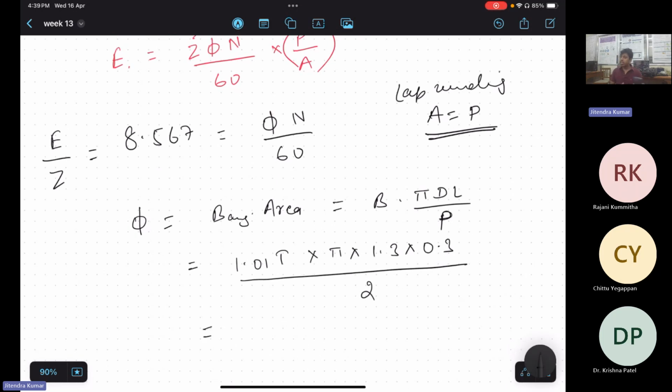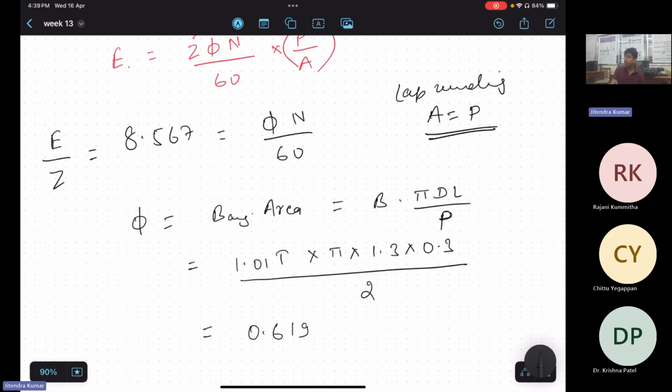So how much phi are you getting? This flux value is coming out as 0.619 for me.